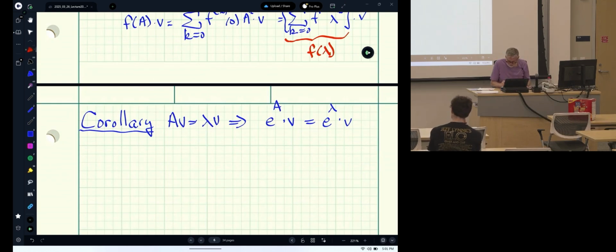Then if I put a t in here, that just scales A. This is e to the lambda t times v.